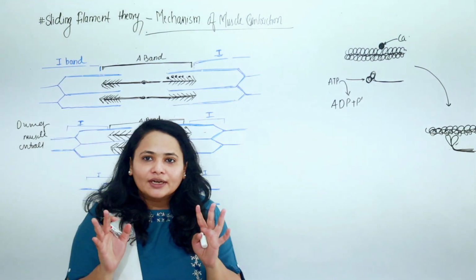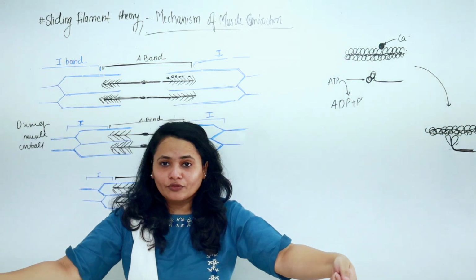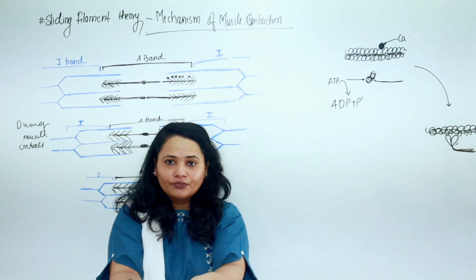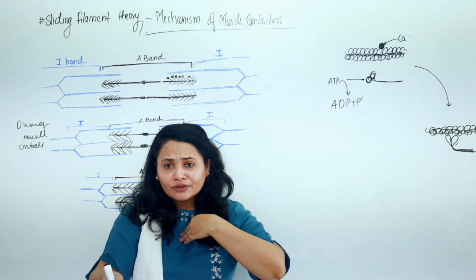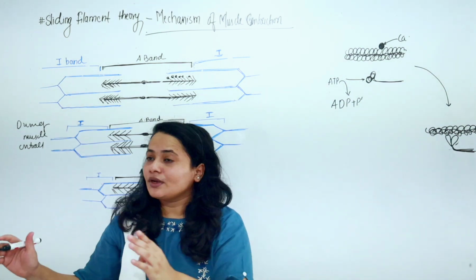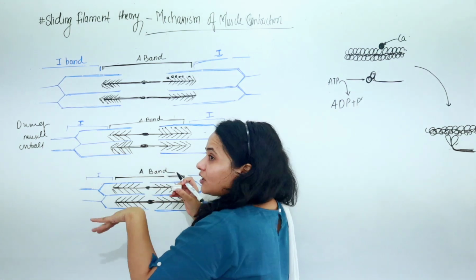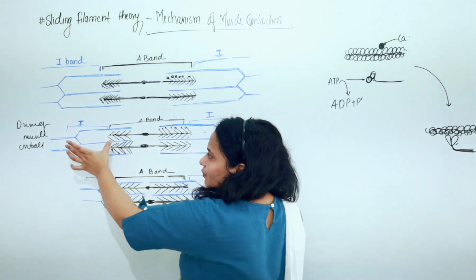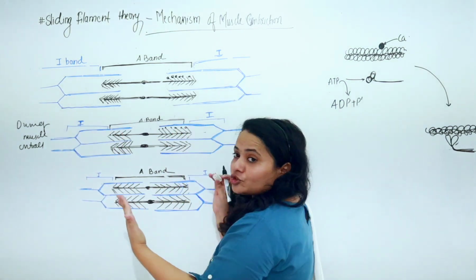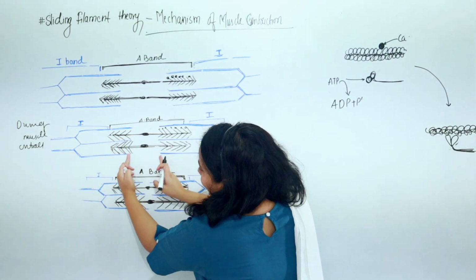It would be something like, if I am the thick filament, I am pulling these two just over here towards the center. So if I am pulling them in, what will happen? These two thin filaments will go to the center and the consequence of that would be that the I bands get shortened.